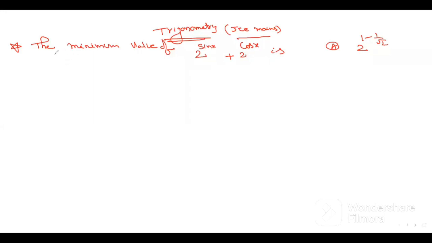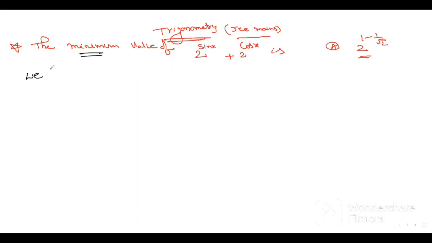Okay, now explain. The minimum value of 2 to the power sin x plus 2 to the power cos x. Here the answer is 2 to the power (1 minus 1 by root 2). How to solve? What is required? The minimum value of 2 to the power sin x plus 2 to the power cos x.